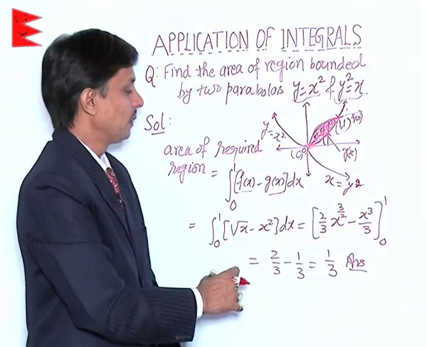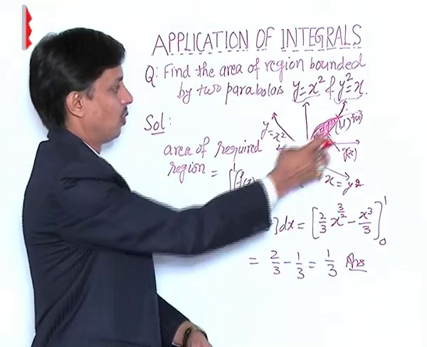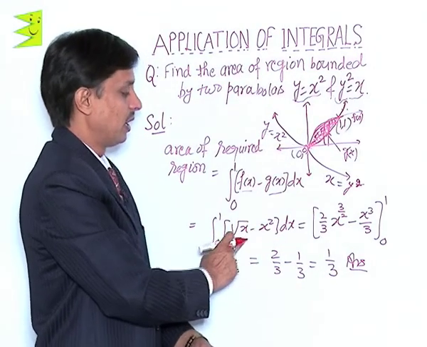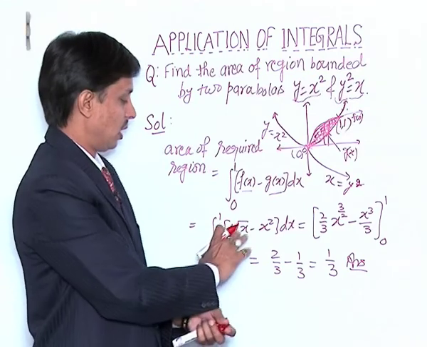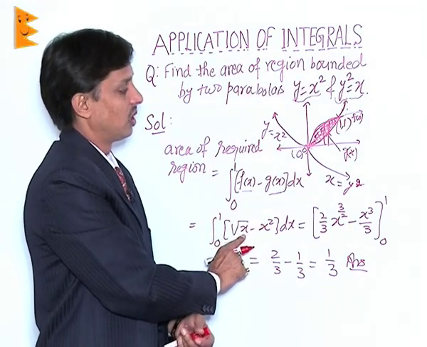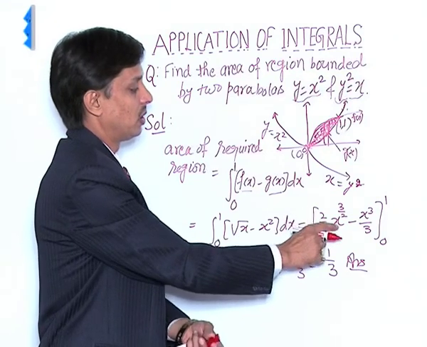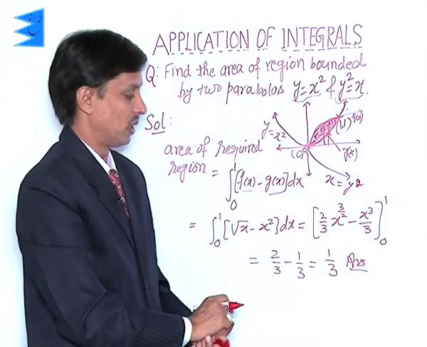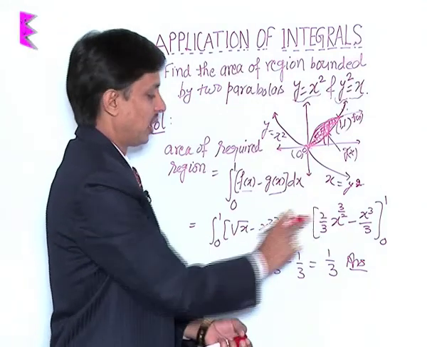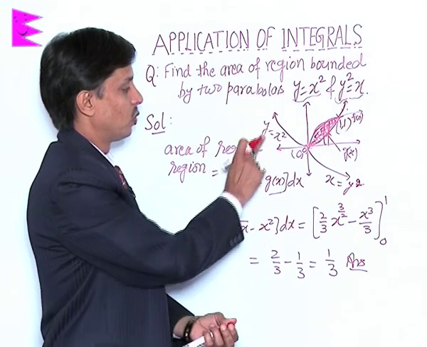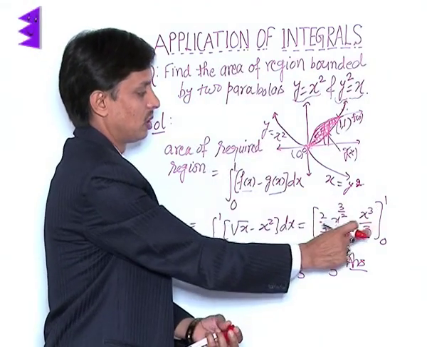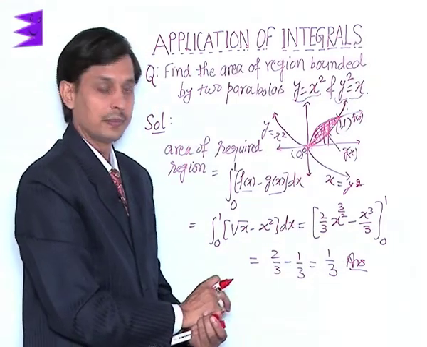So we can say it will be first thing root x minus x square, both are subtracted, and dx. Their integrations: root of x, its integration is 2 by 3, x to the power 3 by 2, minus integration of x square, which is x cube upon 3.